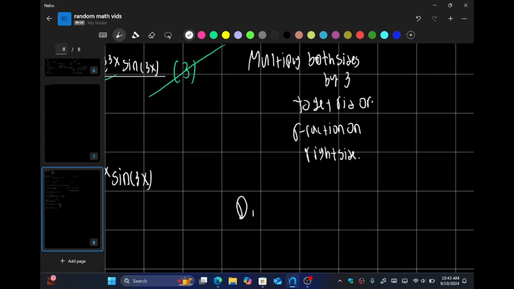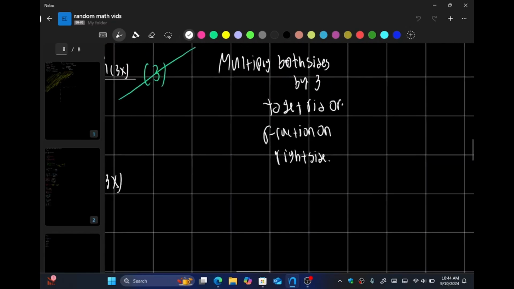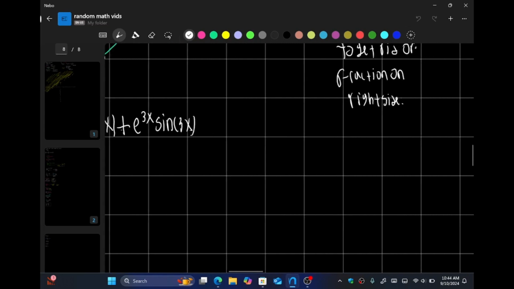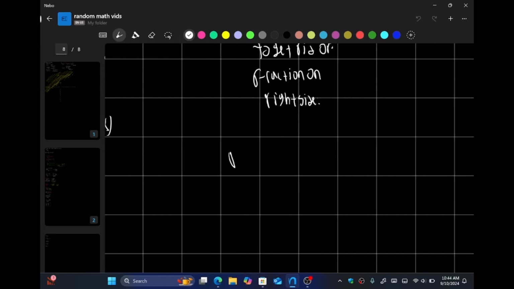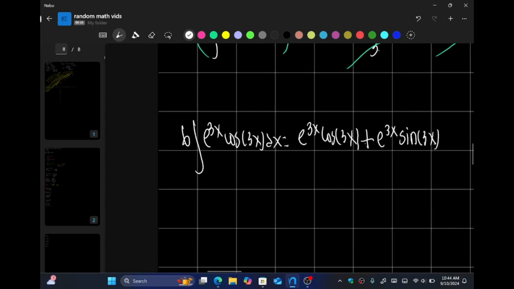I'm sorry guys, hold on. Okay, sorry guys. So we're going to divide both sides by 6, right? So let's go ahead and do that. This is the last step, guys. I know this is really long, I'm sorry.